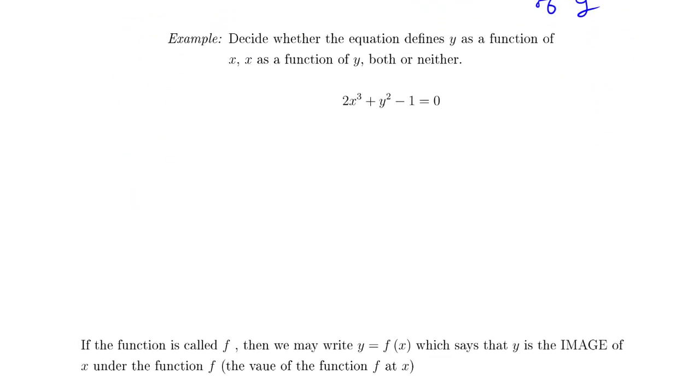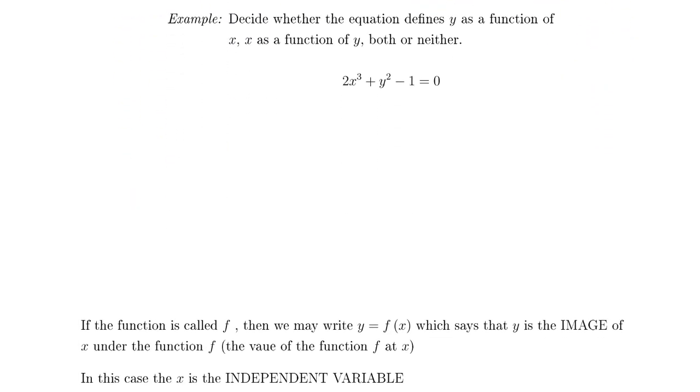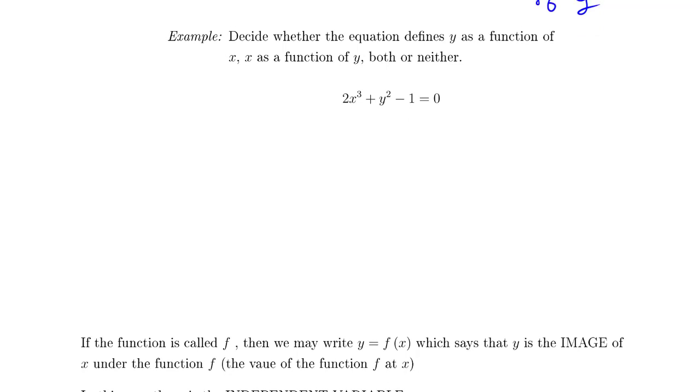Let's look at another one. All right, so it's possible that I could get functions both ways. It's possible I get it neither way. It's possible I get it both ways. So basically we have to run it out and see. So if I take this one and I solve for y, I'd get y squared equals 1 minus 2x cubed.